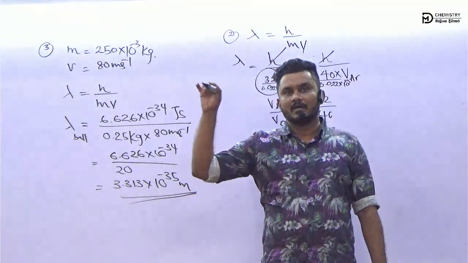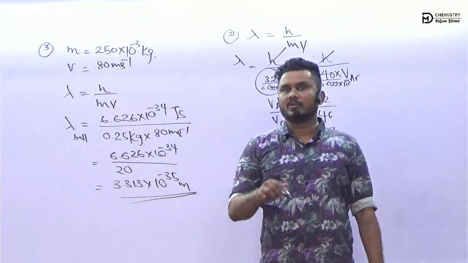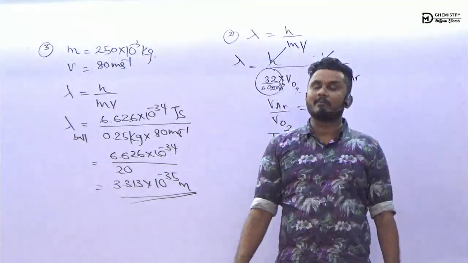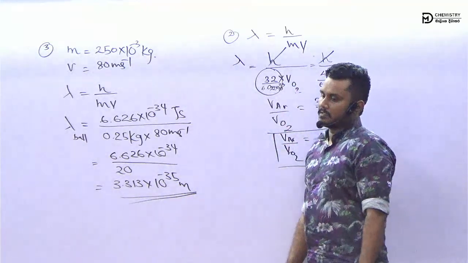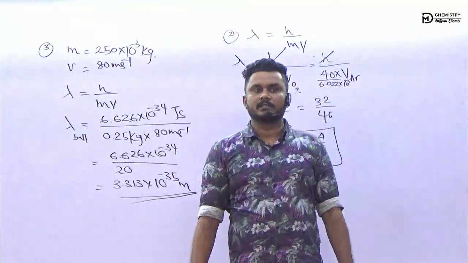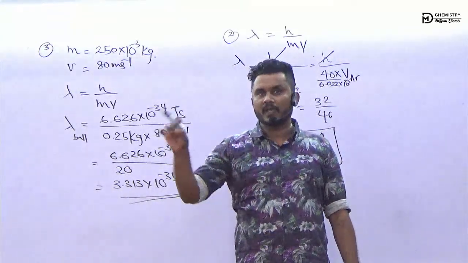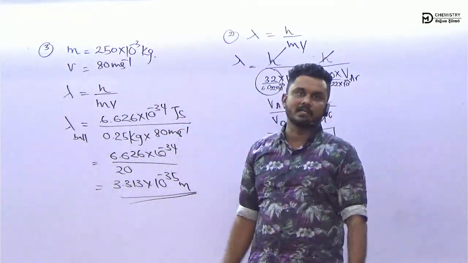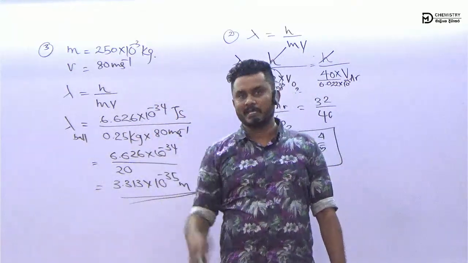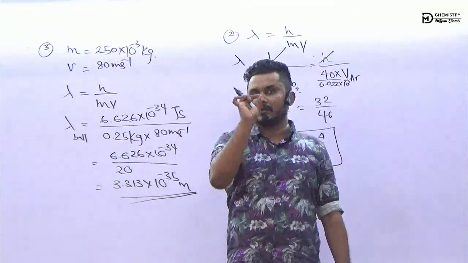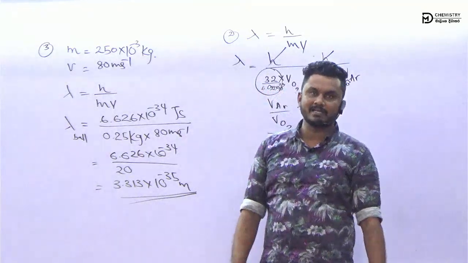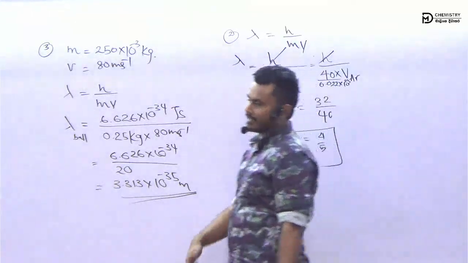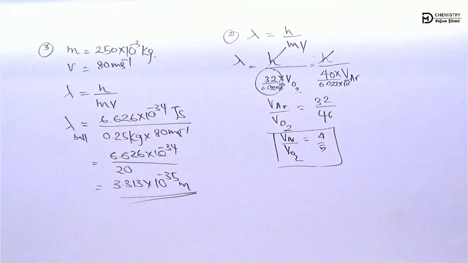If the wavelength of this object is greater than the diameter of the object, then it can exhibit proper wave properties. Otherwise it does not behave as a proper wave. It just contains a wavelength but doesn't have wave properties properly.